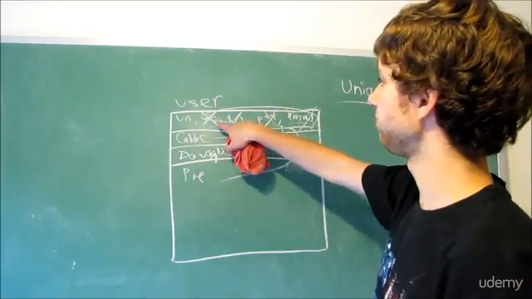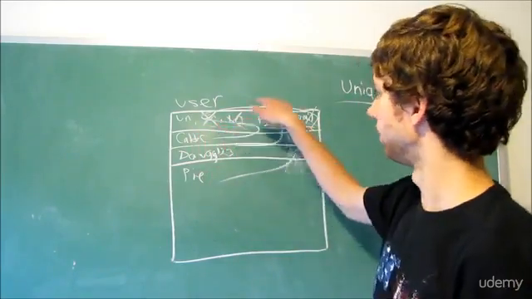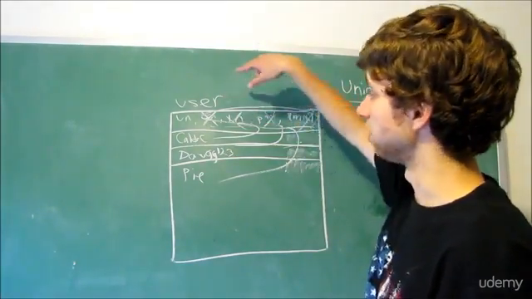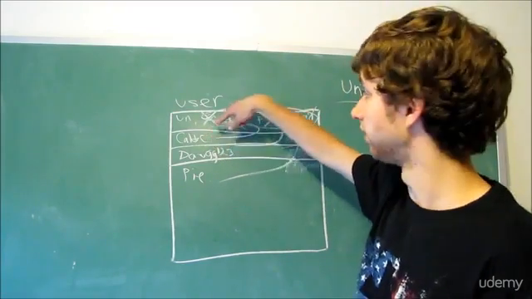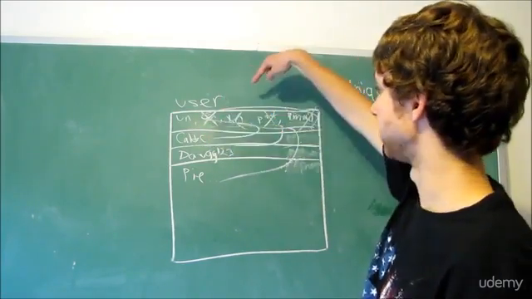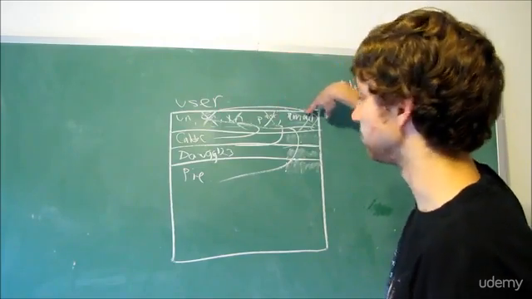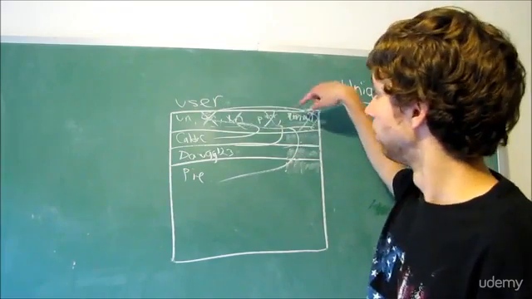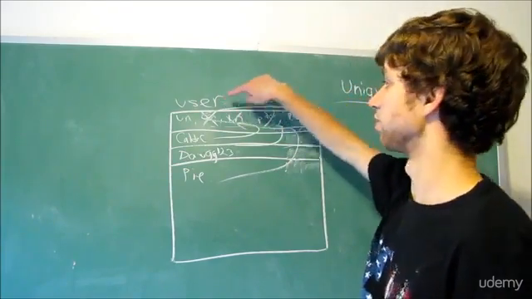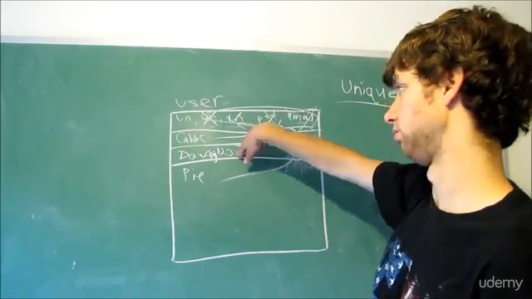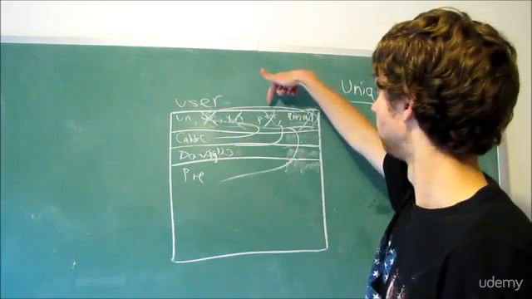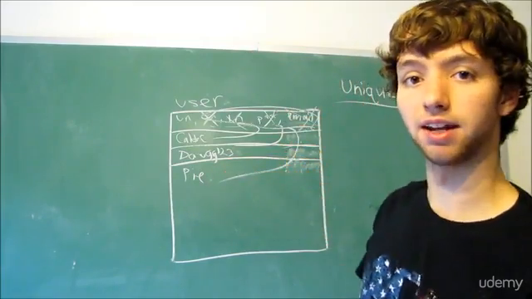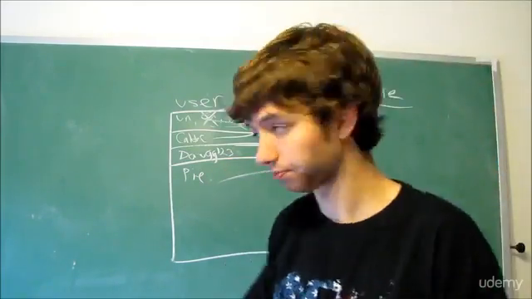So we have a first name, a last name, a password, and an email for the user with the username Caleb C. We have first name, last name, password, email for the user with the username dog123, and then we have a first name, last name, password, and email for the user with the username pie. That's kind of how the key works.